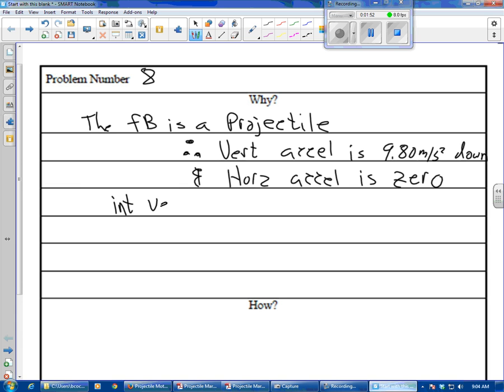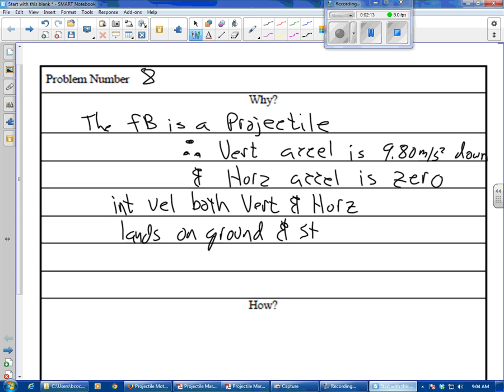Initial velocity both vertical and horizontal, and lands on ground and starts on ground.